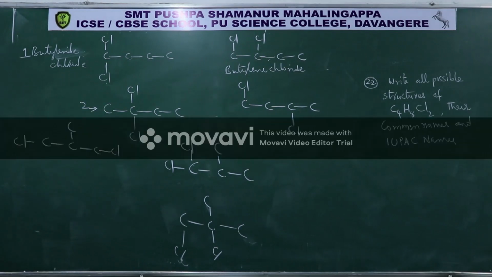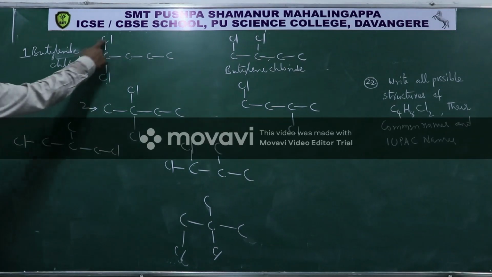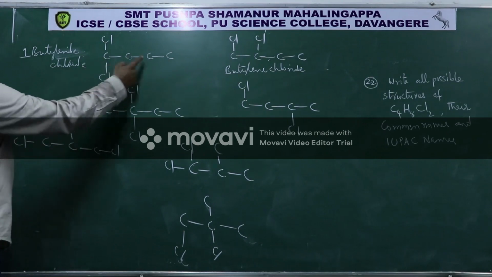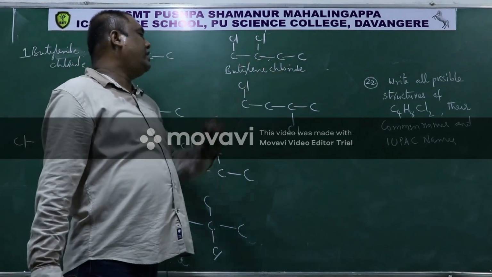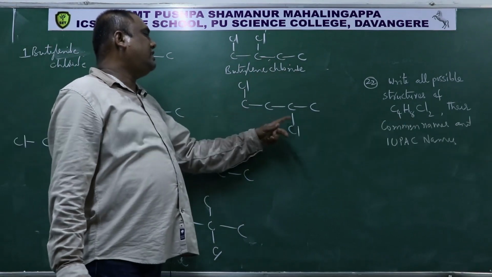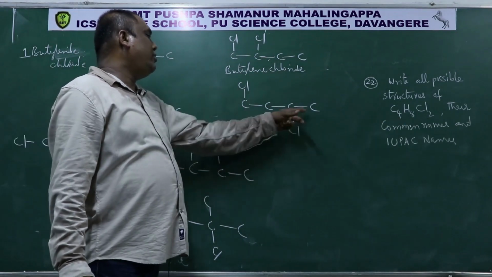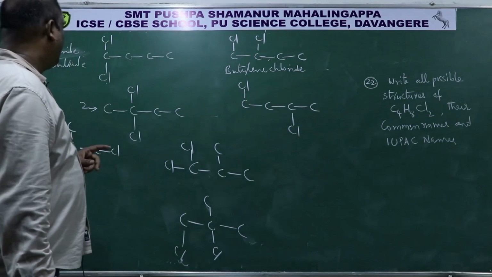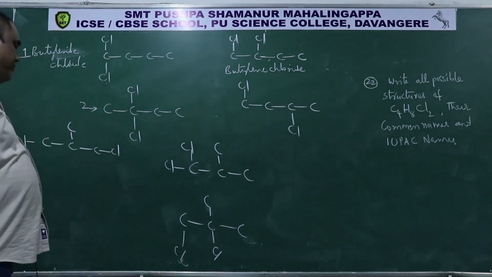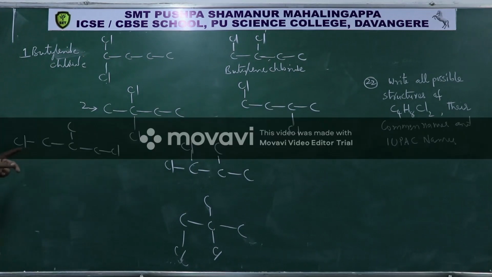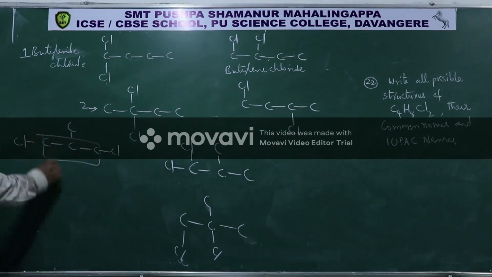Now coming to the IUPAC names, this is 1,1-dichlorobutane, this is 1,2-dichlorobutane, this is 1,3-dichlorobutane, this is 2,2-dichlorobutane, then this is, now here this is the main chain.